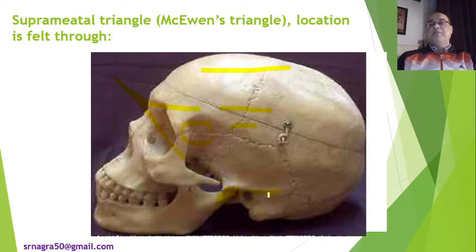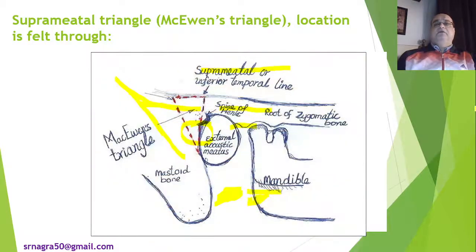From this temporal line, if we draw a tangent over the external auditory canal, this is MacEwen's triangle, very clearly visible over the dry skull. Again, this is the temporomandibular joint, this is the external auditory canal, and this is the temporal line. From here a tangent is drawn, so this is MacEwen's triangle.